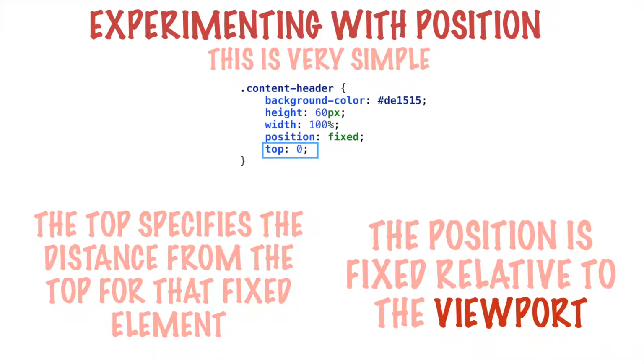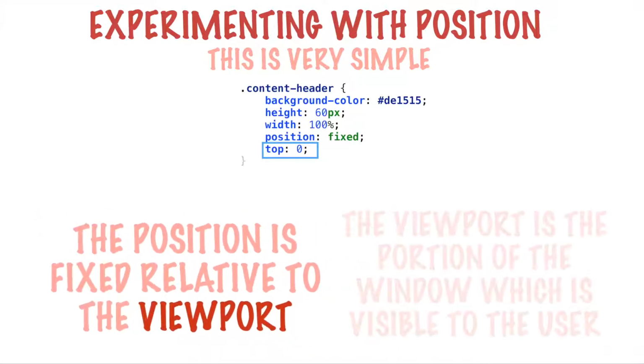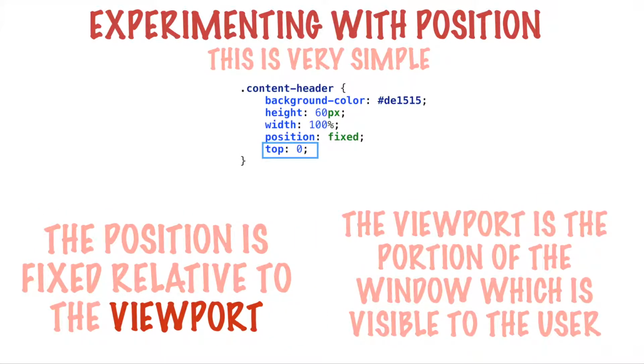The position is fixed relative to the viewport of the browser. The viewport of the browser is basically all the parts that you can see on the browser, the visible portion of the browser. So these two properties mean fix the position of the header at the top of the visible portion to the user and make it 0 pixels from top.